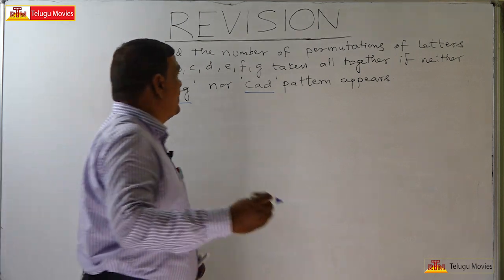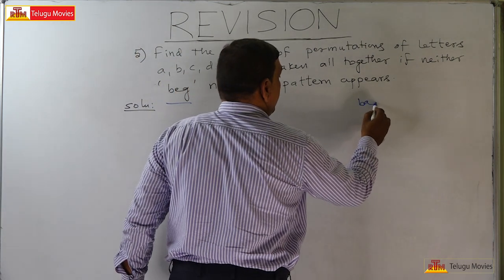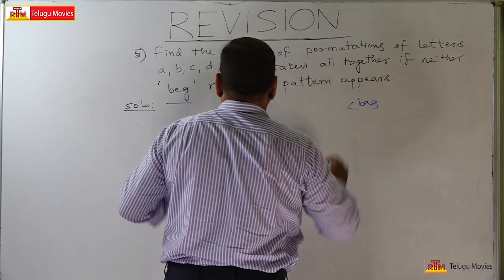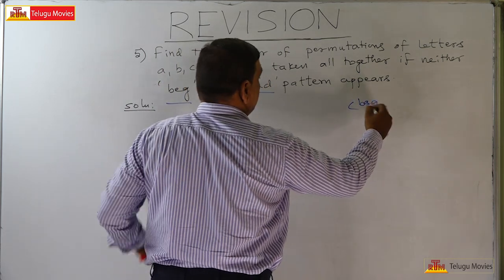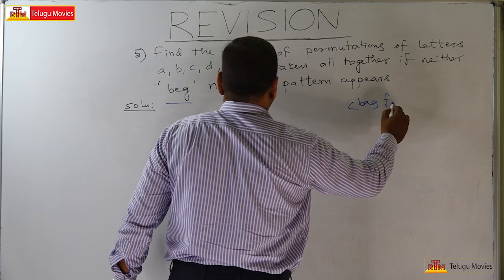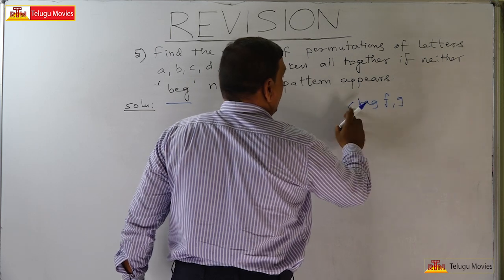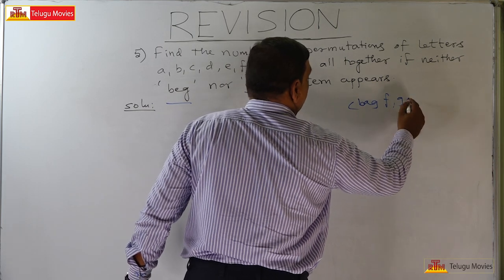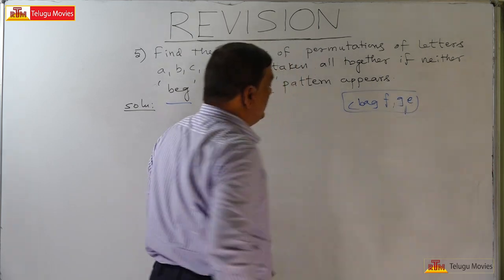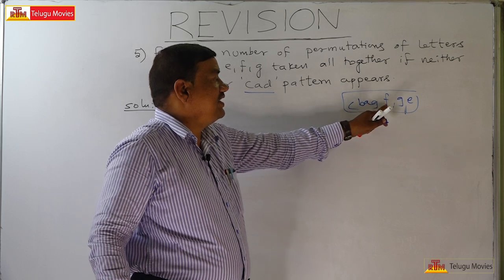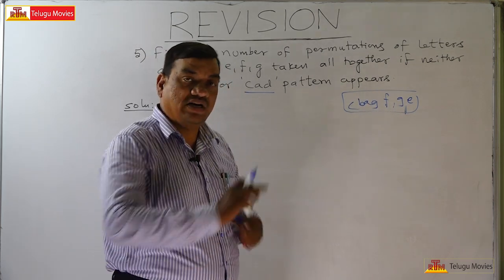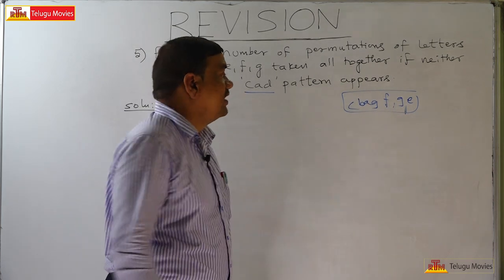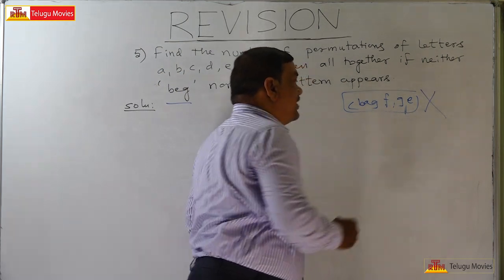That means, for example, if it is C, B, A, G, D, F, E, this is one pattern, one arrangement, one permutation. He asked you not to take that. Why?